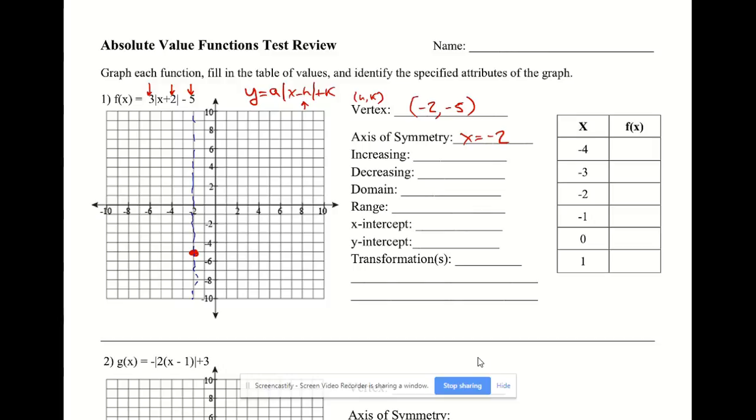Our 3 is our a value, which is the slope of our right side. So remember, slope is rise over run. If we come over 1, up 3, we drop a dot there. Over 1, up 3, we drop a dot there.